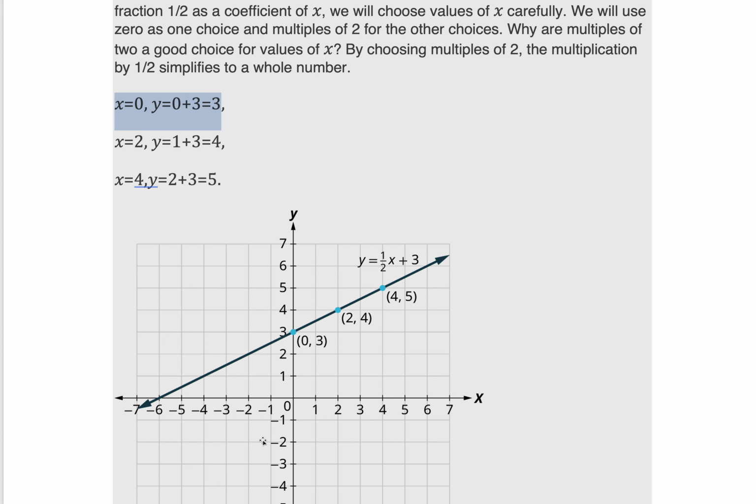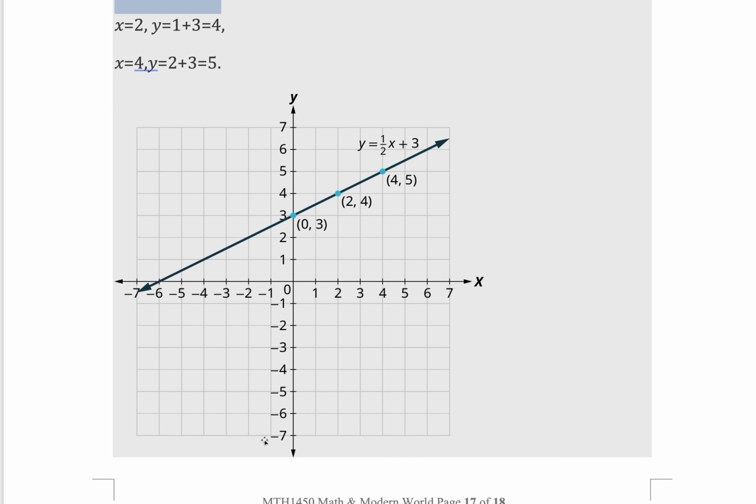By the way, can anyone tell what the x-intercept is for this linear equation here, if you only look at the graph? The y-intercept is at (0, 3). The x-intercept is at (-6, 0).